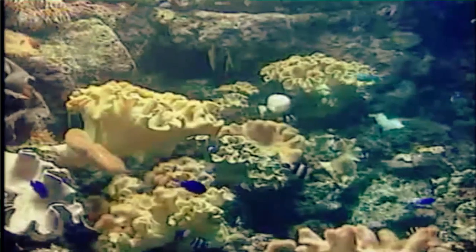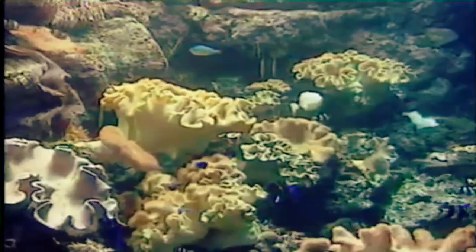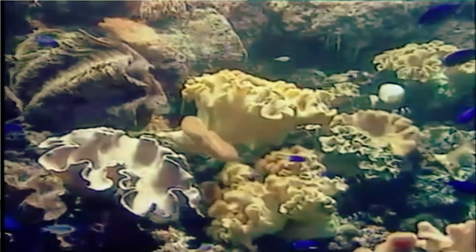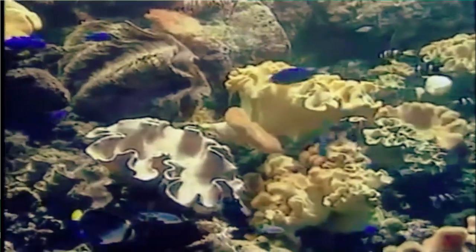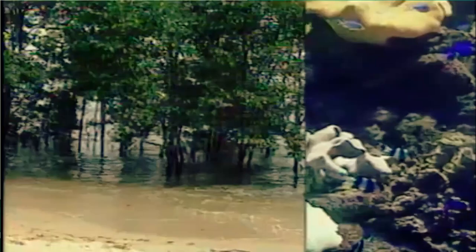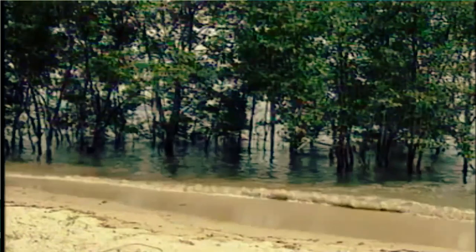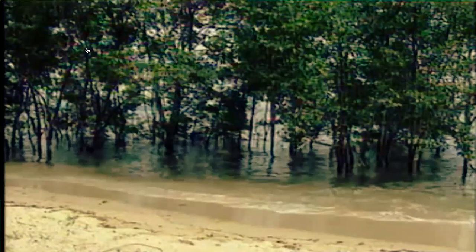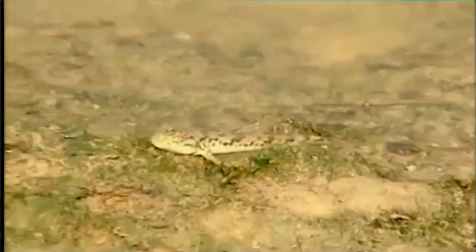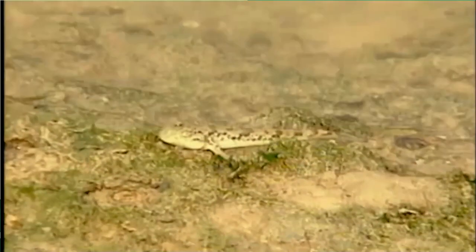But it's not just any type of water, it's sea water. Another factor is the tide. This habitat is sometimes underwater and sometimes not. Animals here must cope with these wet and dry periods.